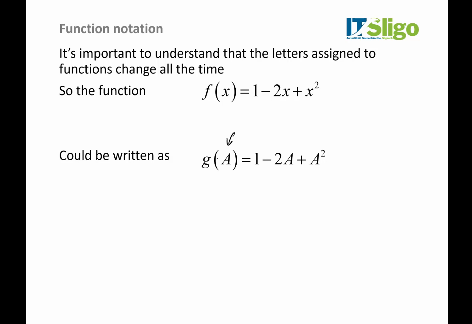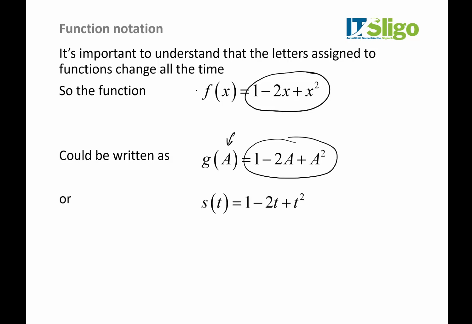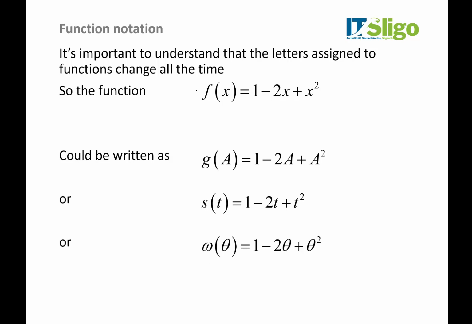Now a is my input, but it's the same microprocessor at work as up here. Or we could write it like this. So the inputs are changing and the name of the function is changing, but the microprocessor is the same.